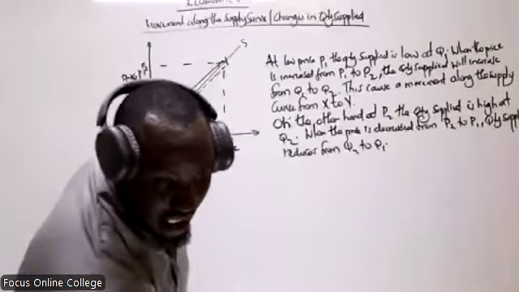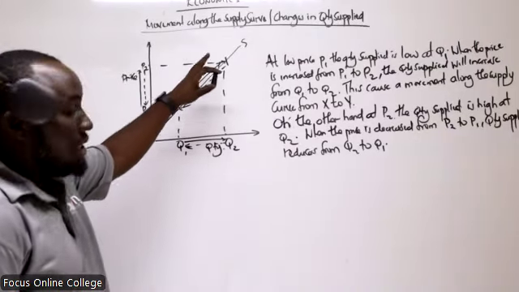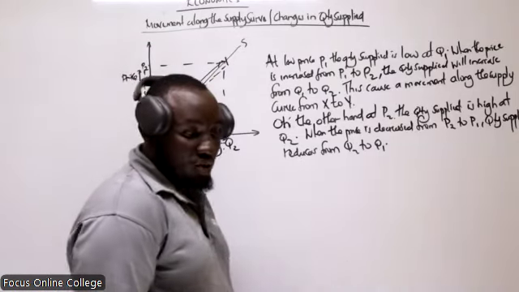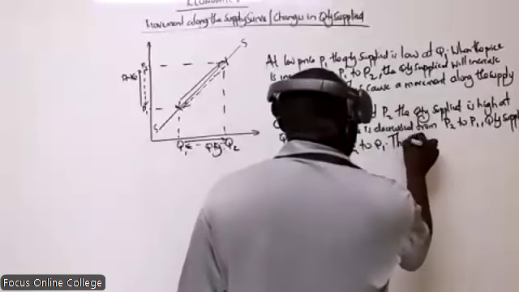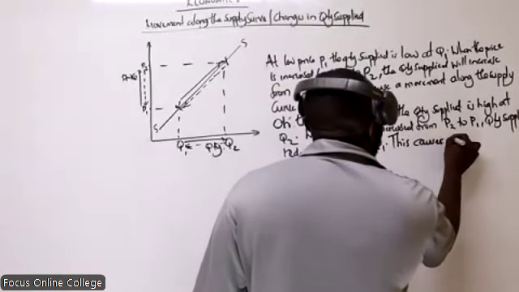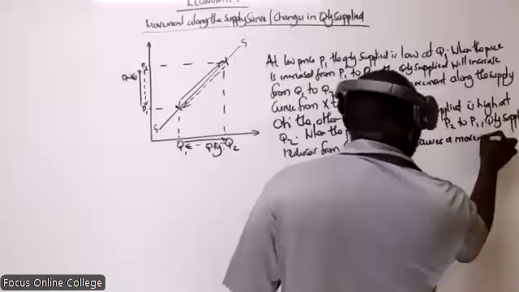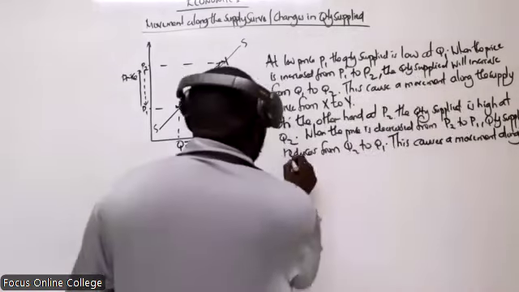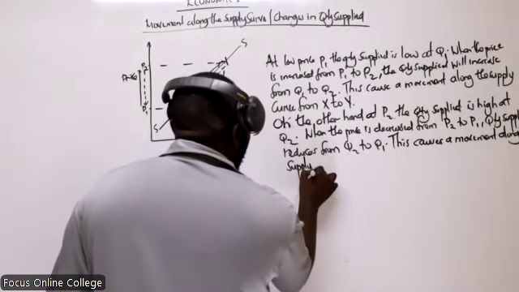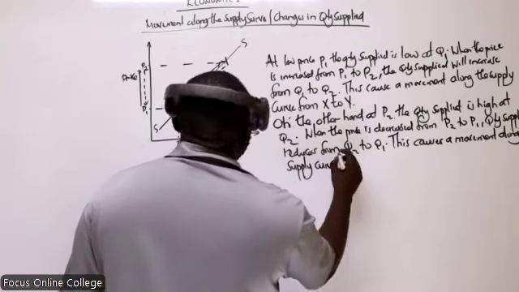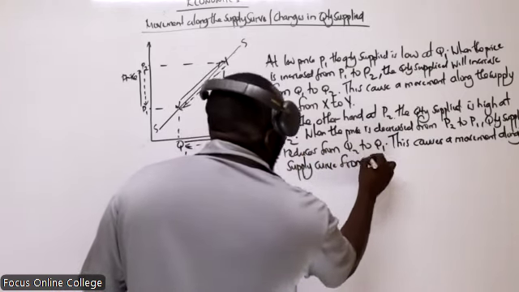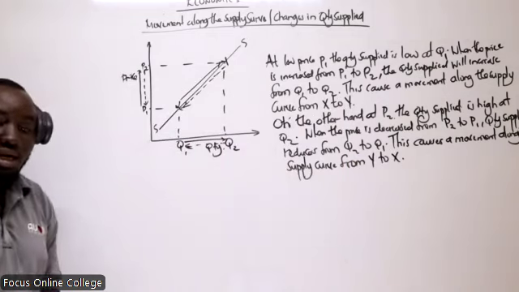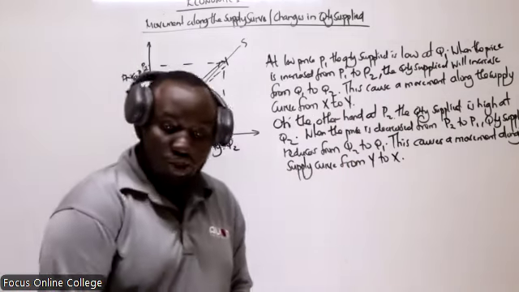We know for sure there is a movement along the supply curve from Y to X. So this causes a movement along the supply curve, from Y to X.